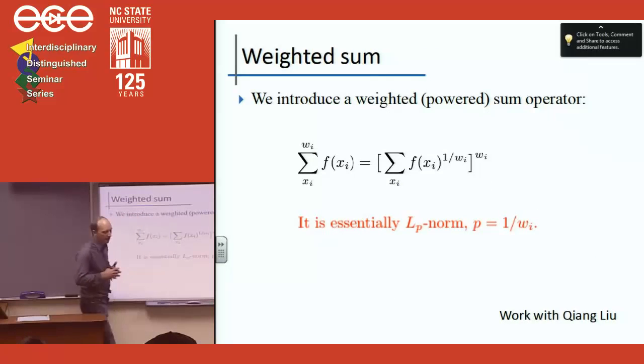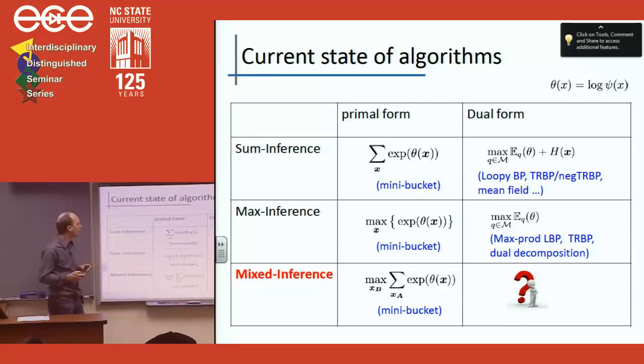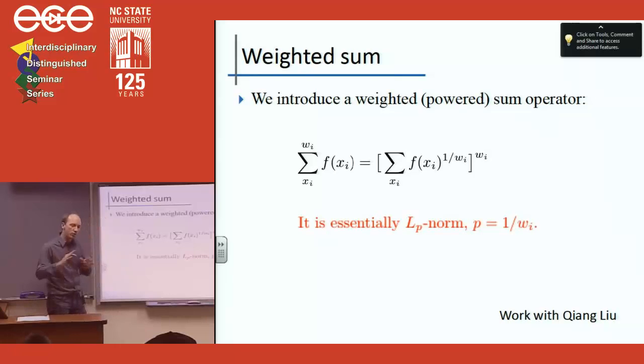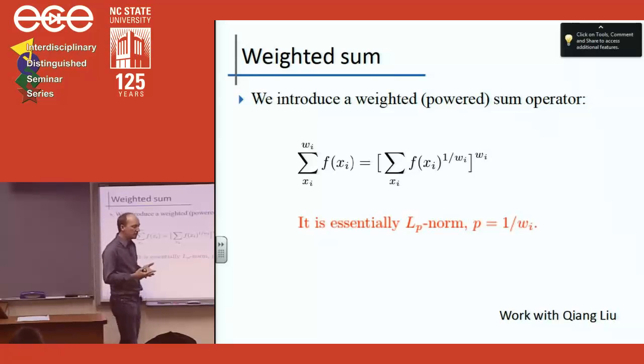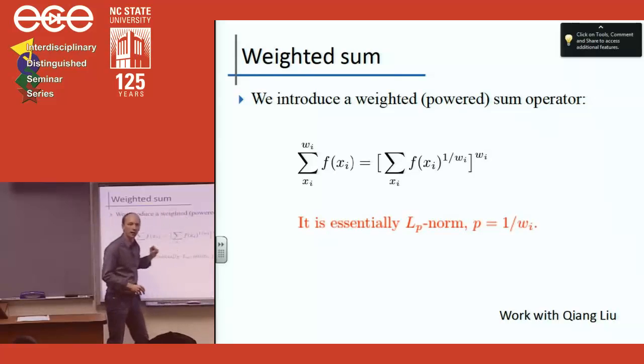It turns out you can answer that by first generalizing this set here into one unified framework. So instead of thinking about summation or maximization, let's replace the elimination operator with something we'll call a weighted sum. It looks like a sum, but it has a little weight on top of it. You can really just think of this as a power norm or an Lp norm, where the power is 1 over the weight.